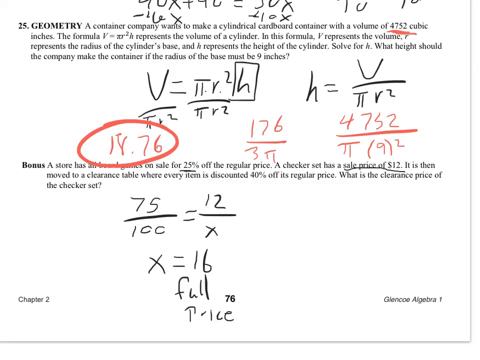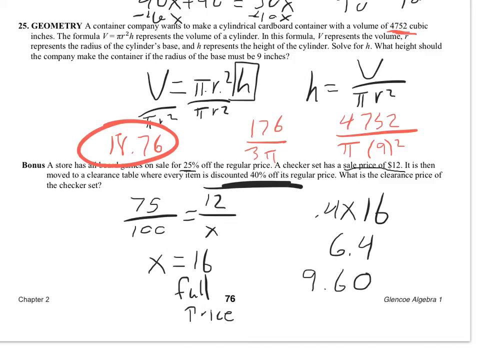Now, for a clearance item, the price is 40% of the full price. So let's figure out 40% of $16, so 0.4 times 16 comes out to be $6.40, and if we subtract $6.40 from 16, we get $9.60. Okay, so that one's kind of tough, but that's again why that's bonus. You will get something like that on the test.